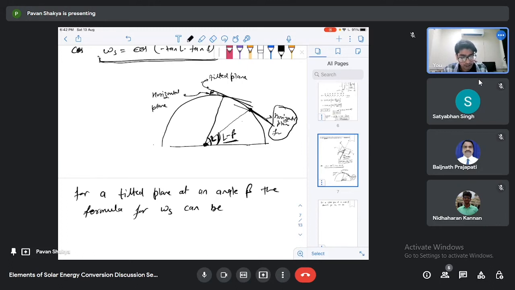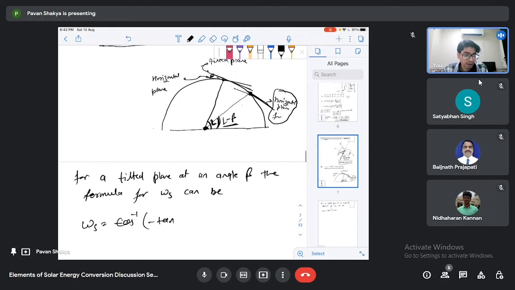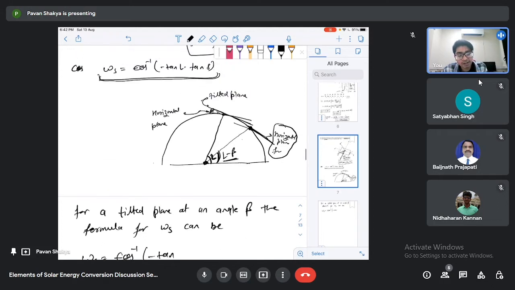can be written as I have written: omega s is equal to cos inverse of minus tan. Now this L is the latitude of the horizontal plane. Now we have transformed our location to this L minus beta location.